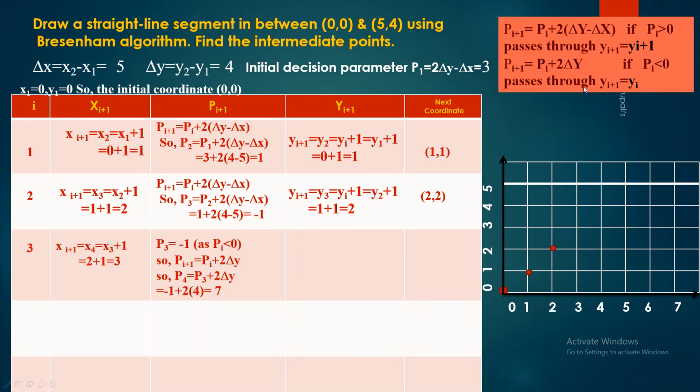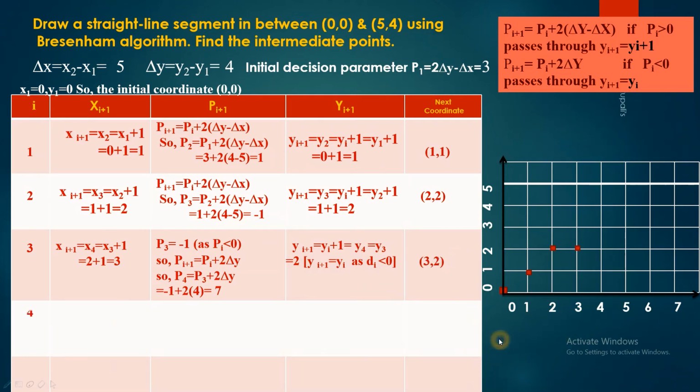Now, in the second case, the next yi plus 1 equals yi. So it is the same: it was 2 and still it is 2. So the coordinate is 3, 2. Plot 3, 2 here.